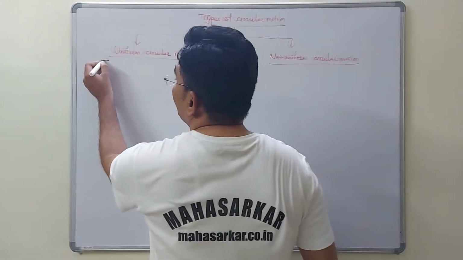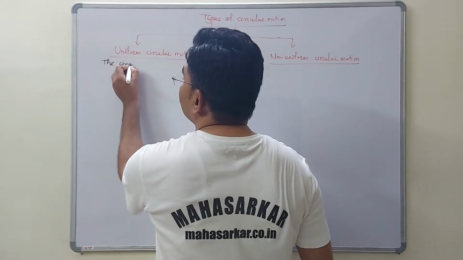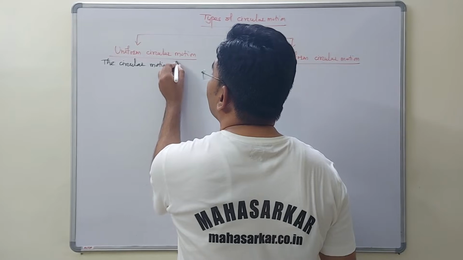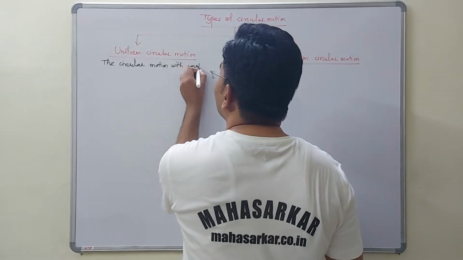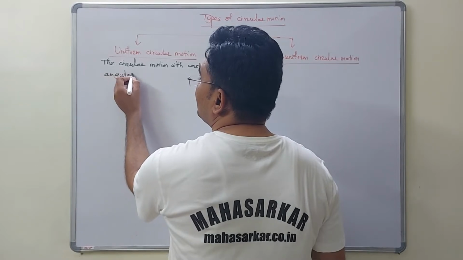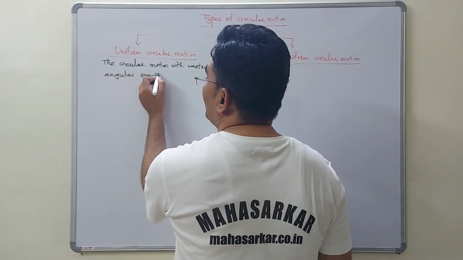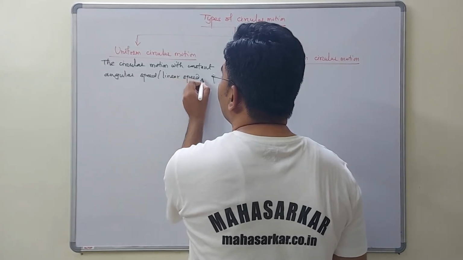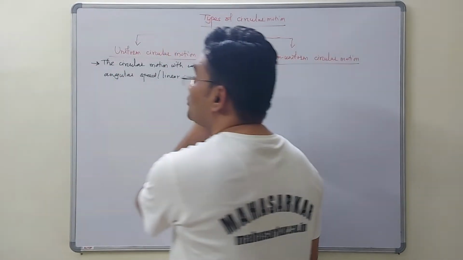So how to define this? The circular motion with constant angular speed or constant linear speed is called uniform circular motion.